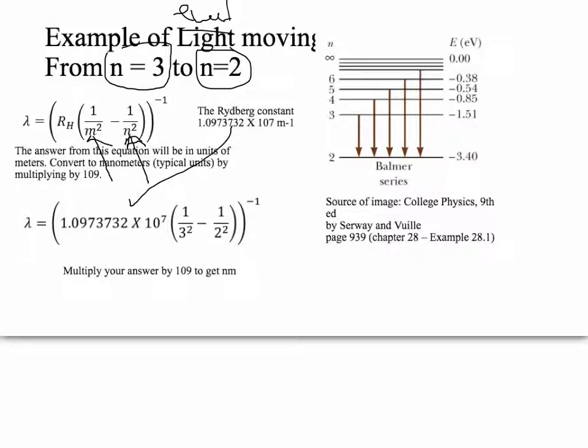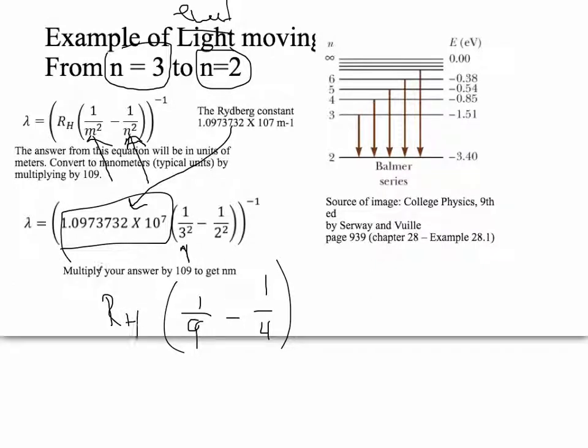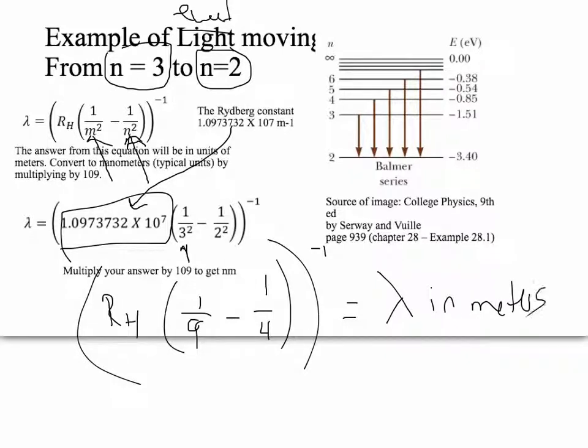We plug in our Rydberg constant for R_H, we plug in 3 here, which is going to equal 1 over 9 minus 1 over 4, and then we multiply that by R_H, and then we take the whole thing to the negative 1 power, and that will equal our wavelength in meters. Remember that it's in meters, and remember to convert that to nanometers by multiplying by 10 to the 9th power.